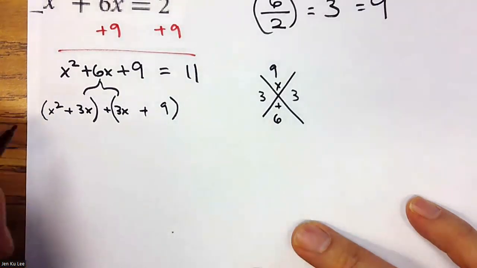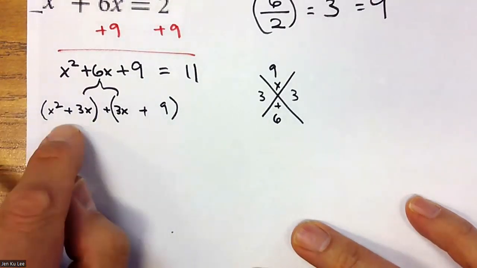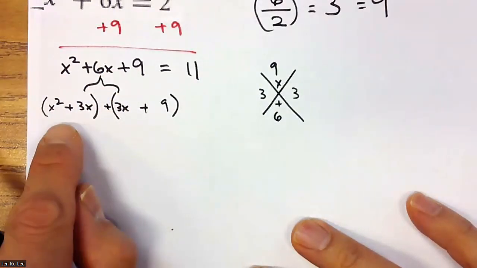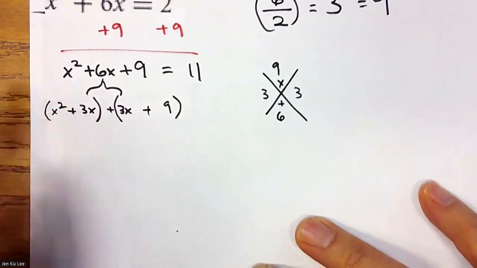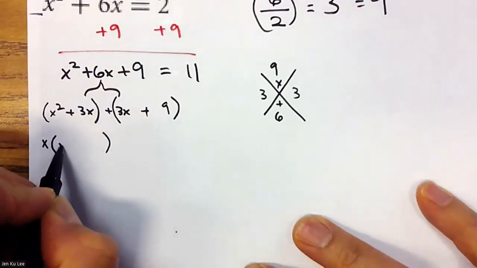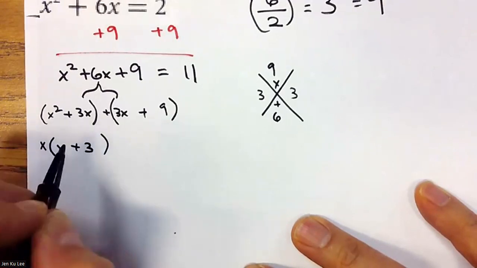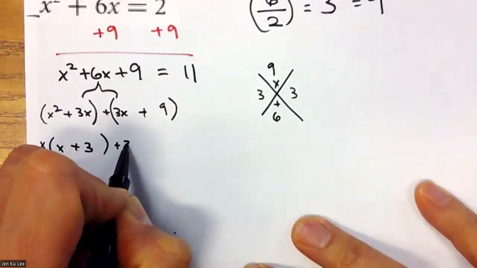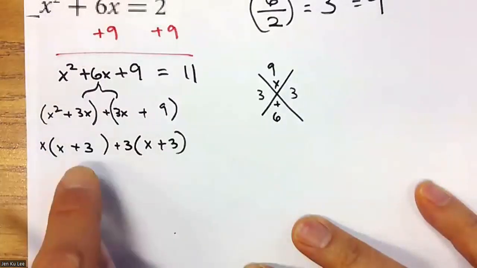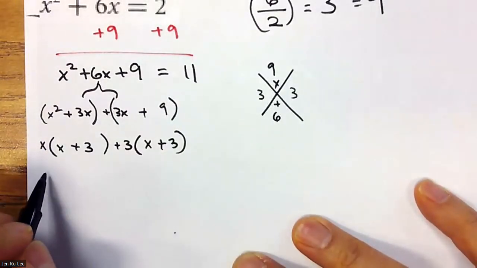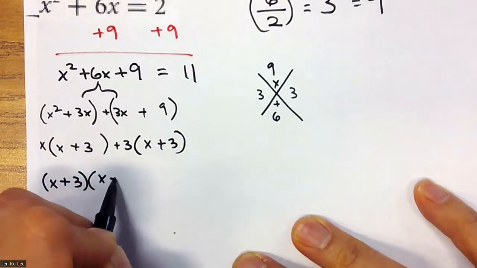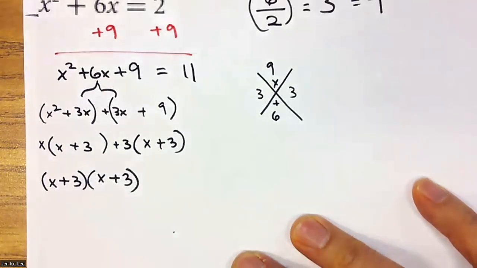Yeah. So here, I'm just factoring this out to show you that it comes out to be x plus 3 quantity squared. Okay. So x squared plus 3x, there's an x that's in common. So that's x plus 3. Here, there's a 3 in common. So that's x plus 3 as well. So since x plus 3's are in common in the parentheses, what's left over is x plus 3, right?